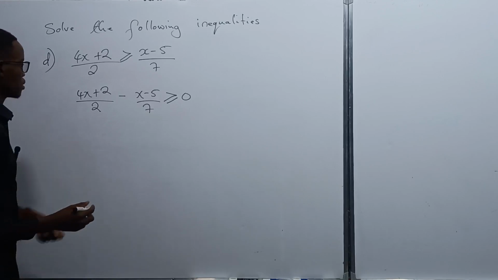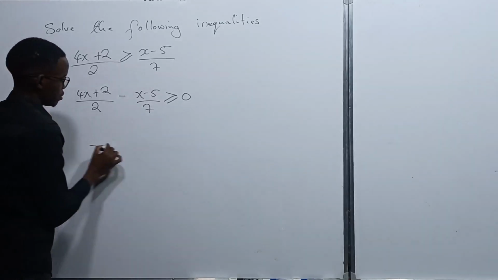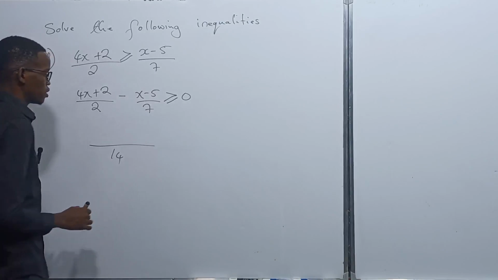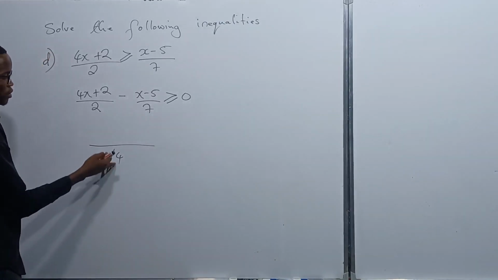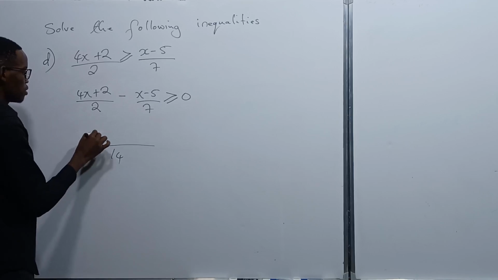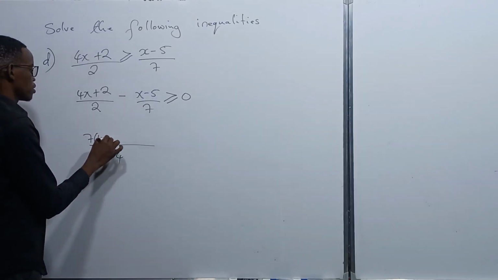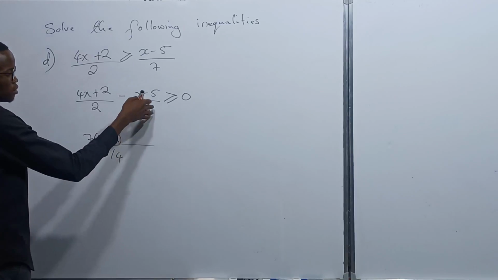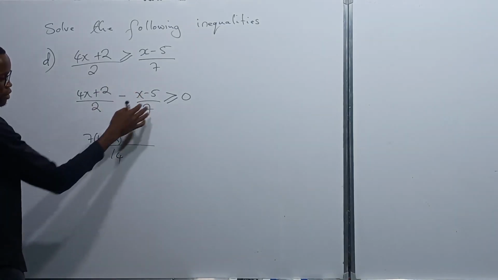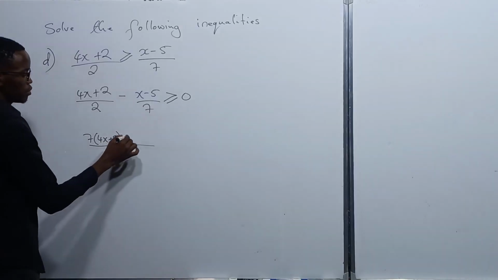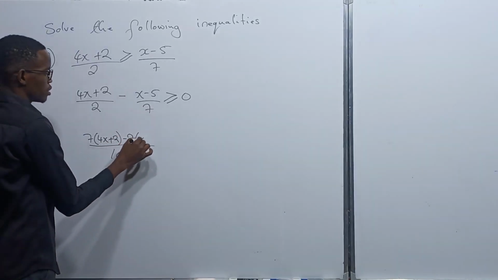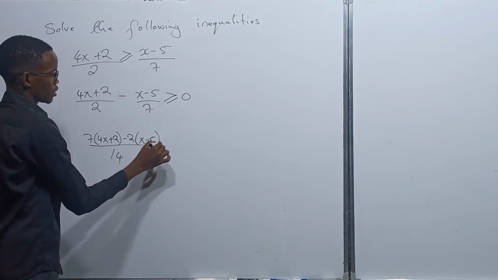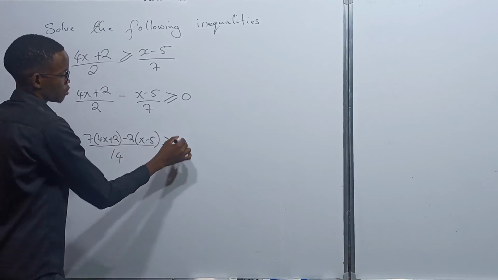Now we find the common denominator. Our common denominator will be 14. 2 into 14 we have 7, so it's going to be 7 multiplied by 4x plus 2. 7 into 14 we have 2, so it will be minus 2 open brackets x minus 5, everything greater than or equal to 0.